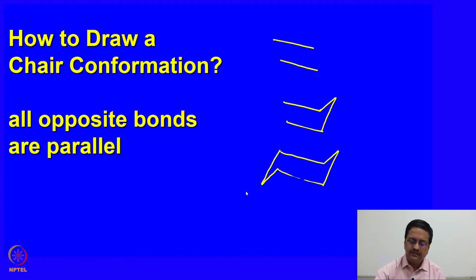Similarly, if you draw it in the other direction, you draw it like this, you draw this and draw that. Both of them are chair conformations of cyclohexane.